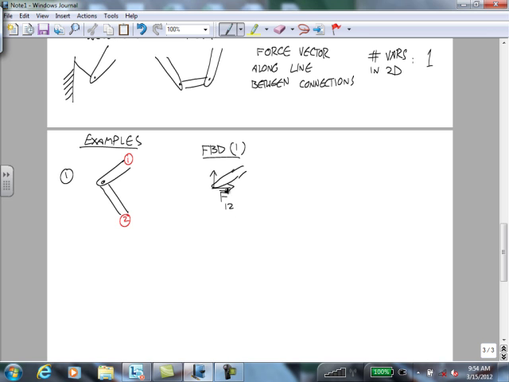And in your free body diagram for member 2, you're going to have an equal and opposite force R. So these are perpendicular to that slot.